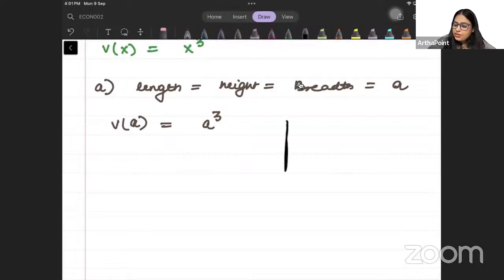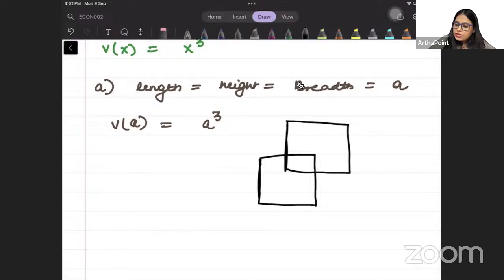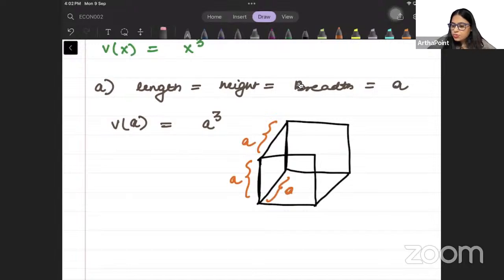माने that if I draw a cube, अगर मैं एक cube को plot करती हूँ, then I will notice that its length, breadth and height are all a. है ना?